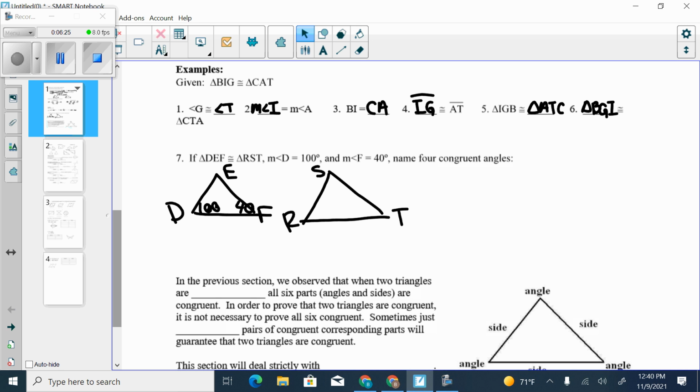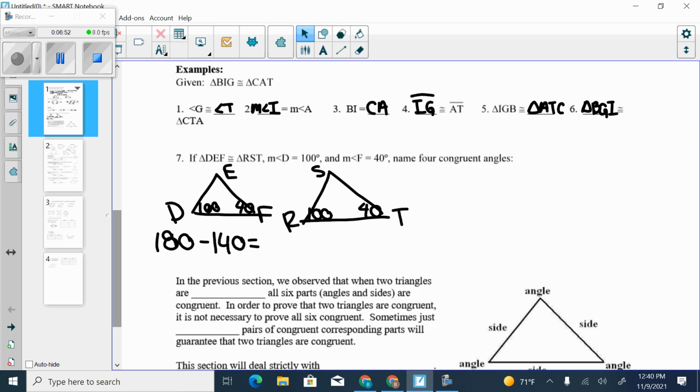Okay, so is there anything that we already know should be congruent? Okay, so D and R match up, and F and T match up. Okay, is there any way we can find the missing ones? We know that their angle sum is 180, so we just subtract out the 140 that's already taken up.